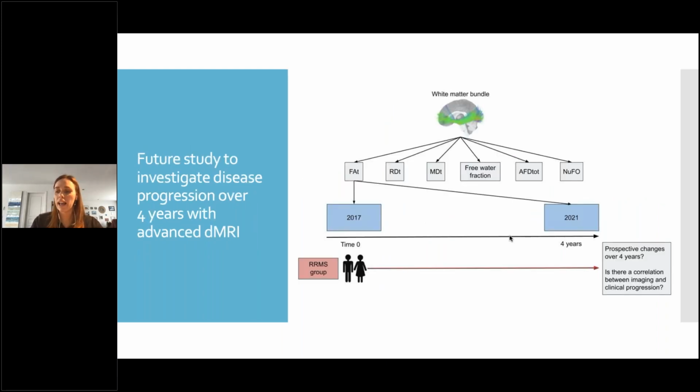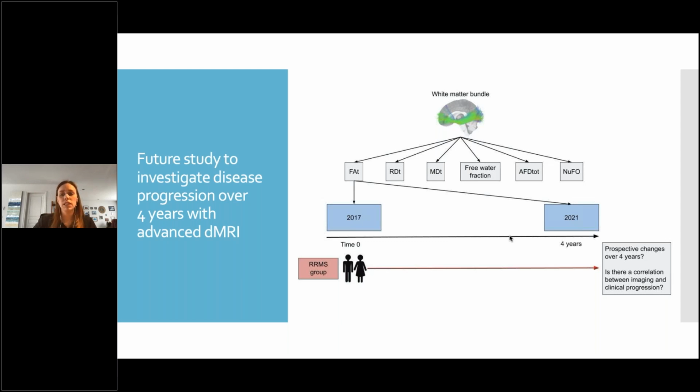So I have a few more minutes to talk to you about what we want to do in the future in the lab with Maxime Descoteaux's team. First of all, it would be interesting to do a prospective study with our cohort that we studied in 2017.